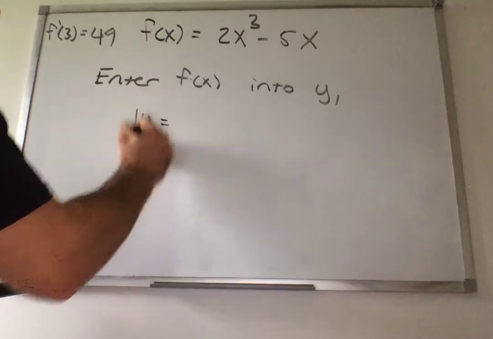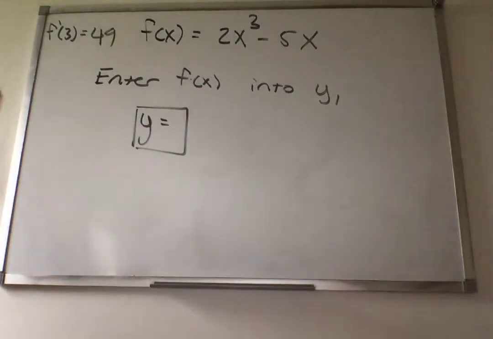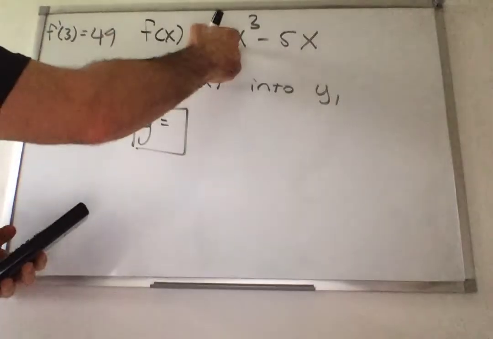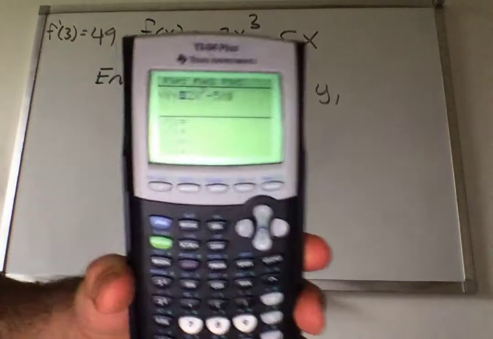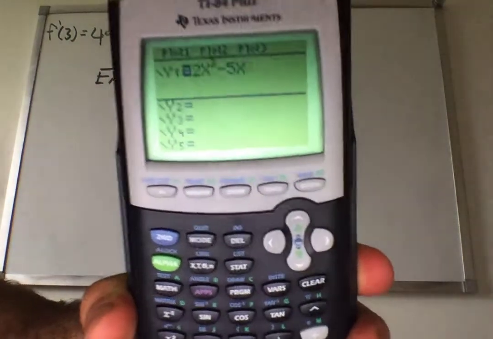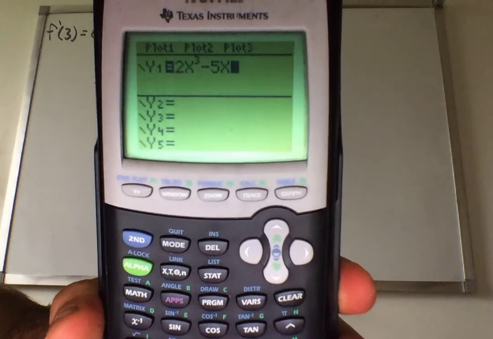So the y equals button, and then go to y1. It doesn't have to be in y1, but that's the first one. And you're going to plug in this function into y1. So 2x to the third minus 5x. And then here is what my calculator looks like when I entered it into the y equals.